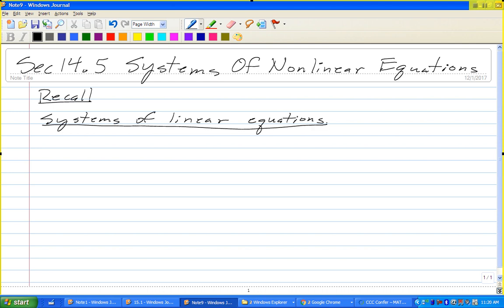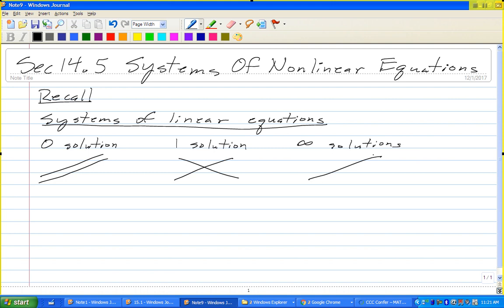With systems of linear equations, you can either have no solution, the case of parallel lines or parallel planes; one solution, the case of intersecting lines or intersecting planes; or an infinite number of solutions, the case of coincident lines or coincident planes.